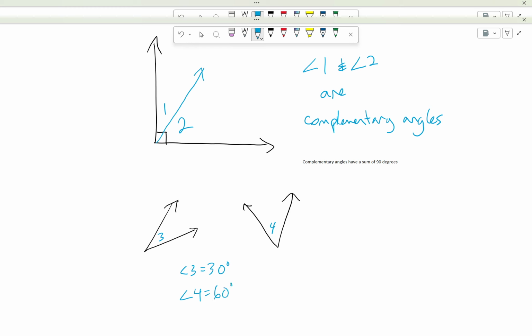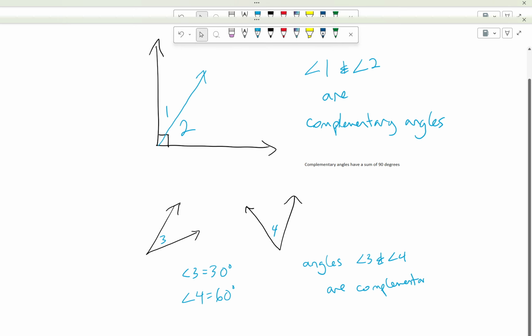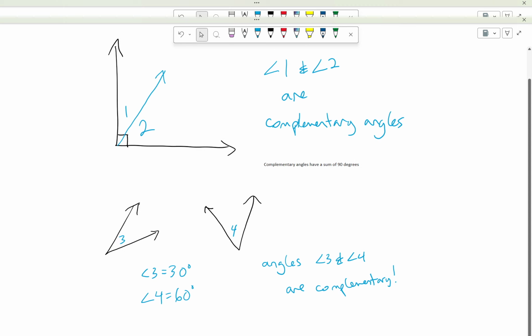Since 30 plus 60 is equal to 90, angles 3 and 4 are also complementary. They do not need to share a side to be complementary. They just need to have a sum of 90 degrees.